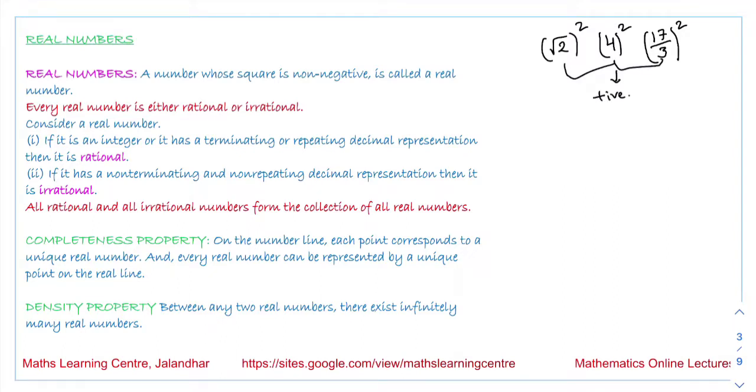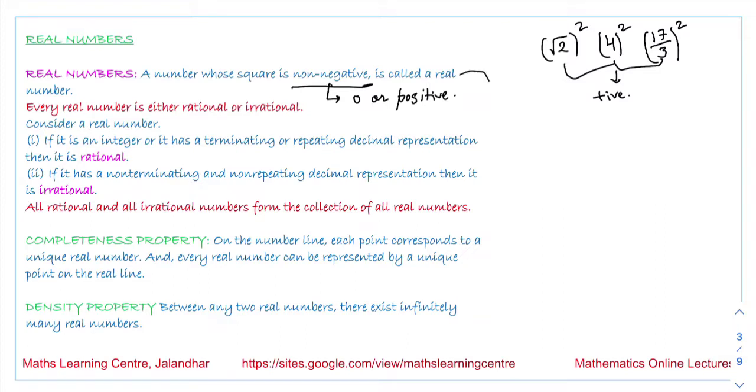Over here we are saying non-negative, and non-negative means it is 0 or positive. So all those numbers whose square is non-negative are called real numbers.